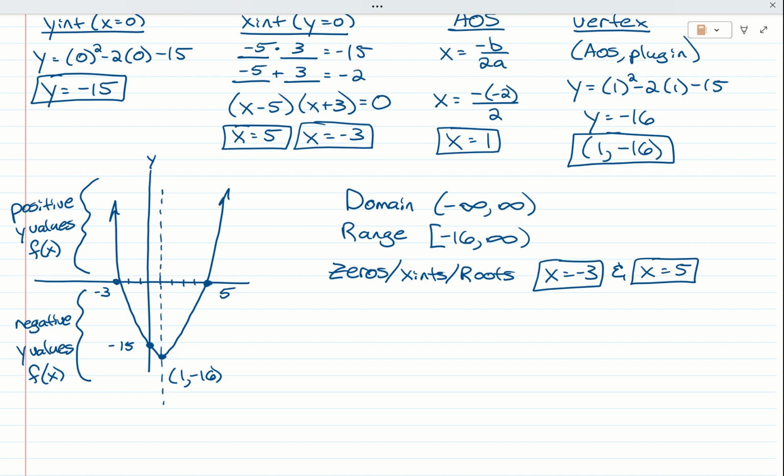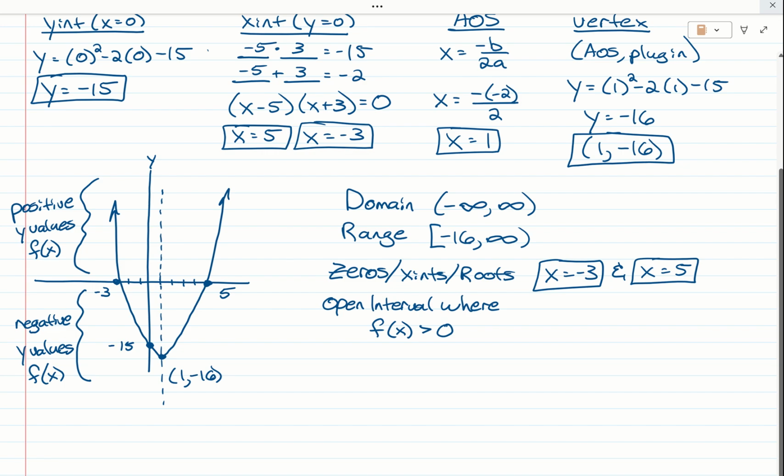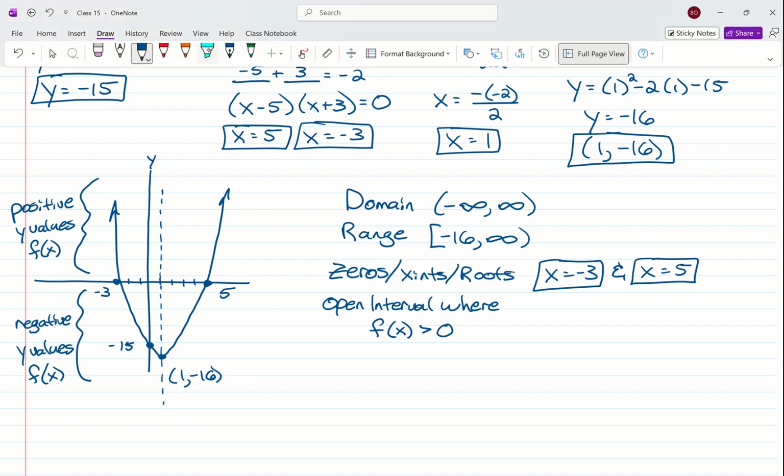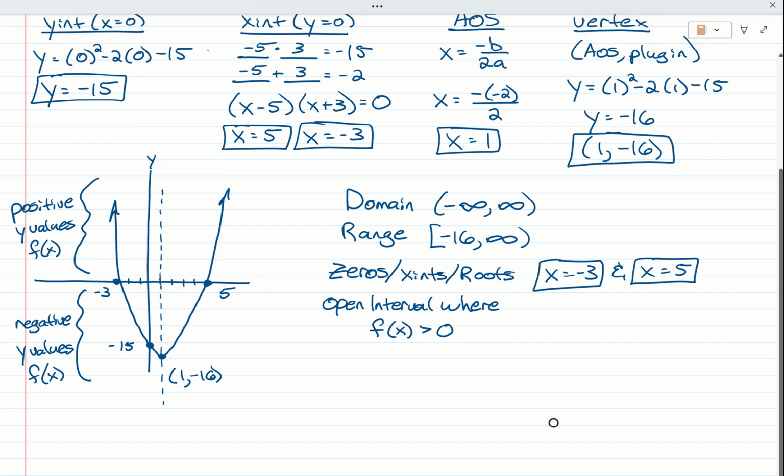Something else I can ask you is the open interval where f of x is greater than 0. What that's asking you is where are there positive y values? It looks like there are positive y values after 5.